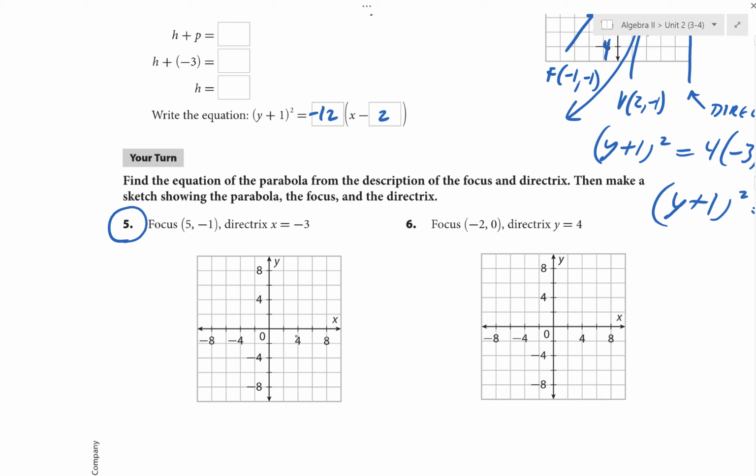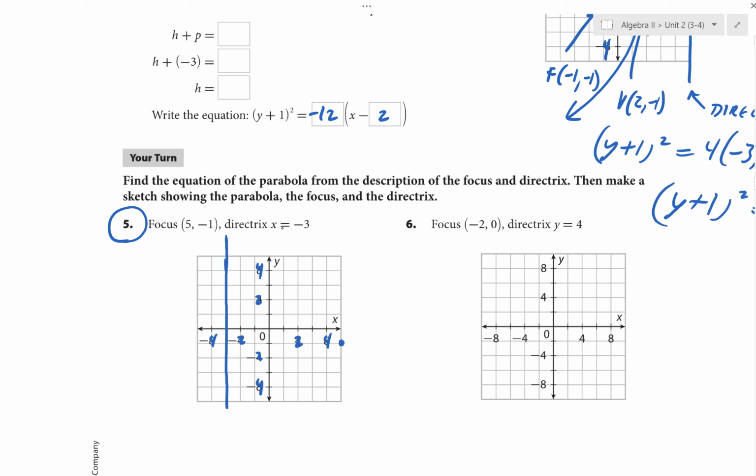All right, I'm going to change my scale to ones. So each line represents 1 unit. And so (5, -1) is down here. And x equals -3 is here.